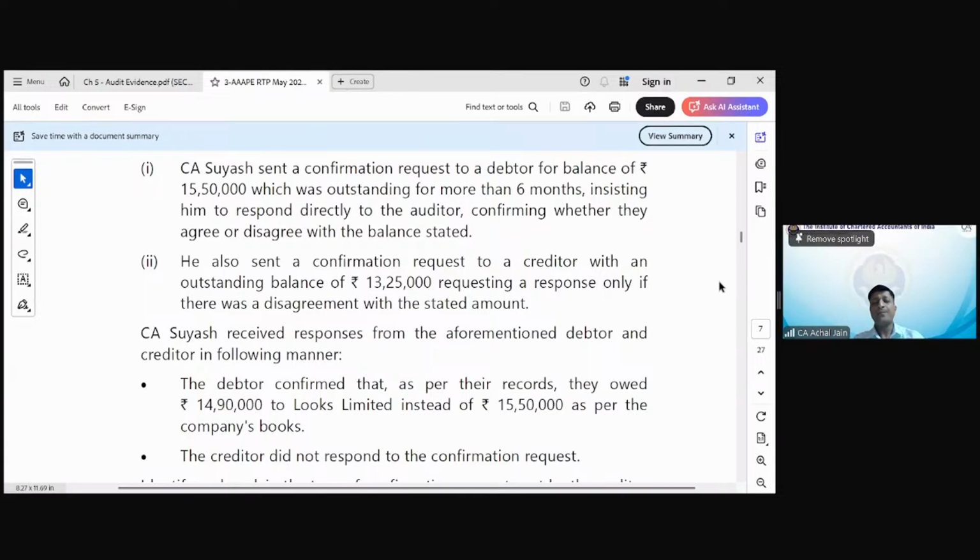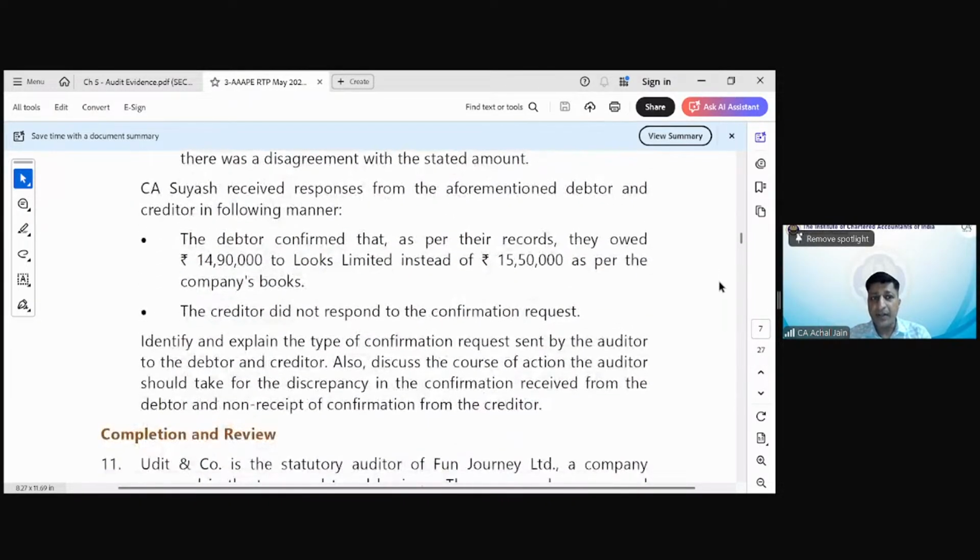Okay, so now, looking at it further, CA Suyash received responses from the aforementioned debtor and the creditors in the following manner. Debtor confirmed that as per their records, they owed 14.9 lakhs to Lux Limited instead of 15.5 lakhs. Creditor did not respond to the confirmation request.